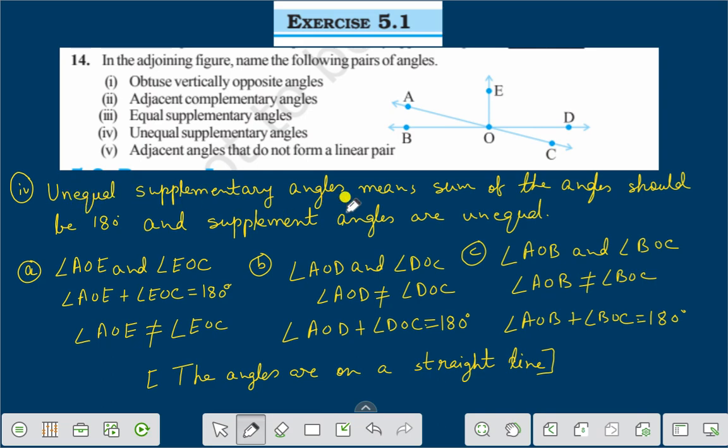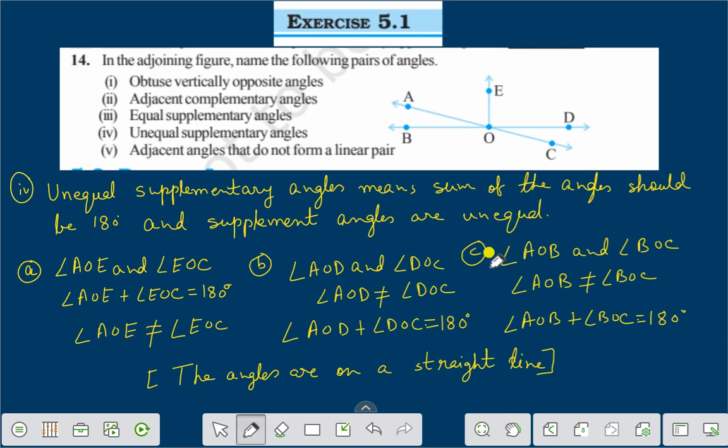That is the meaning of unequal supplementary angles: the sum of the angles would be 180 degree and the supplement angles are unequal, that is not equal. Here you see that angle AOE is not equal to angle EOC and angle AOE plus angle EOC is equal to 180 degree because the angles are on a straight line. Angle AOD is not equal to angle DOC and angle AOD plus angle DOC is equal to 180 degree, because the angles are on a straight line.